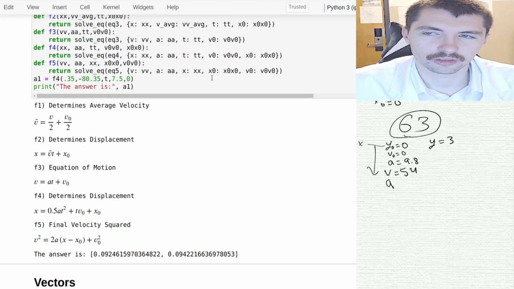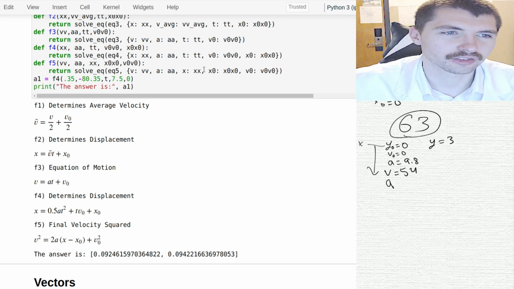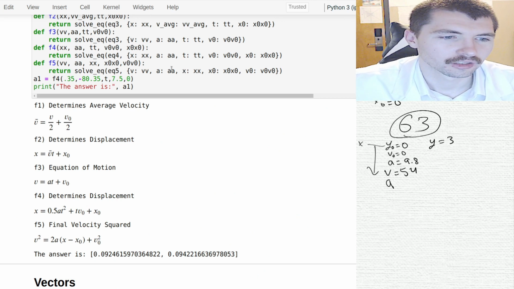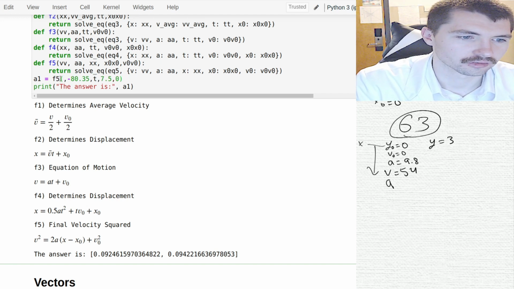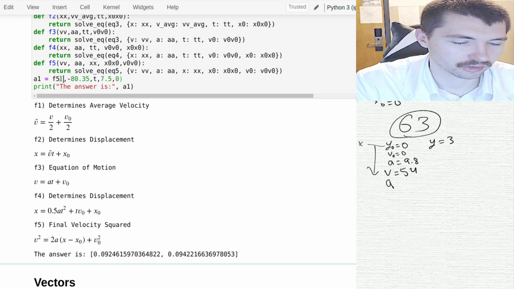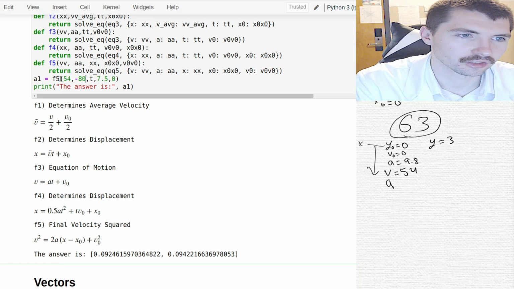Okay, so it's like, are we using gravity or not? It's asking us to find A. So, I mean, we're going to use equation 5. So, V is 54. That's final velocity.